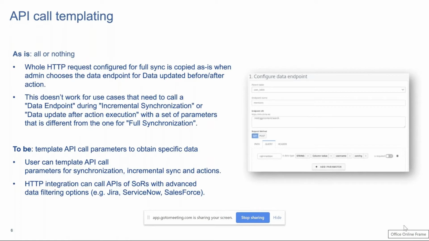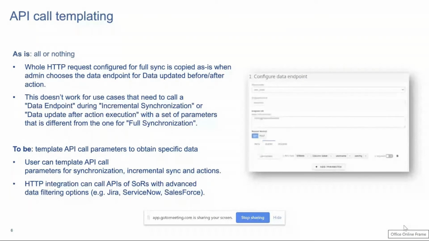The solution, or how we approached solving this in our low-code approach, is to allow templating of API call parameters to be able to obtain specific data. This means that the user would be able to template API call parameters for synchronization, incremental sync, and actions.